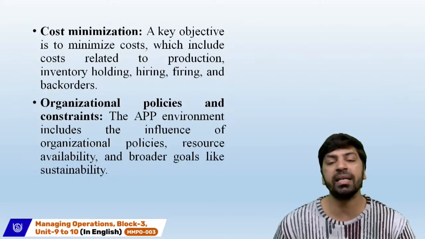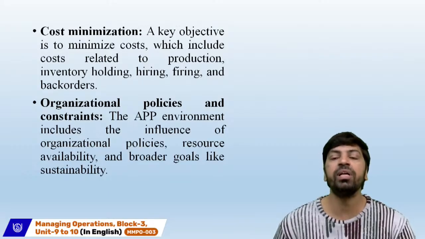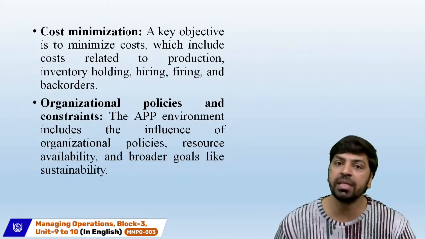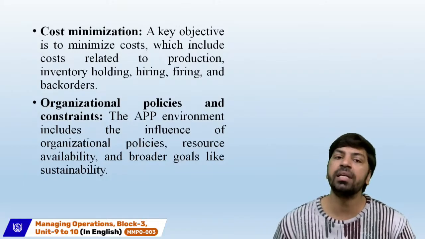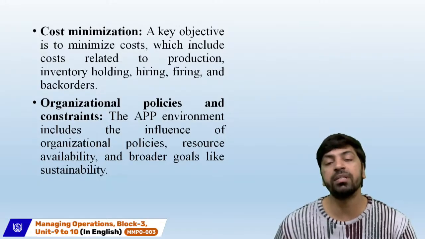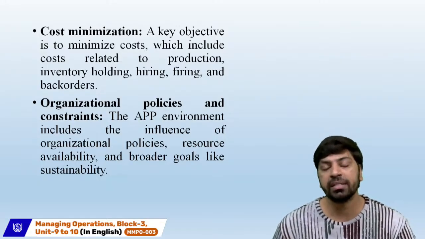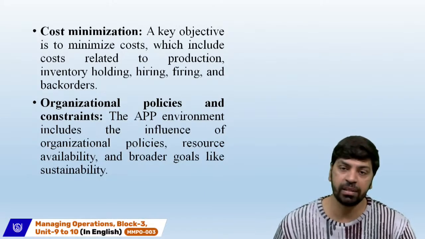The aggregate planning process environment also includes the influence of organizational policies, resource availability, and broader goals like sustainability. Because after all, it is also an important responsibility of the organization to maintain an eco-friendly environment.